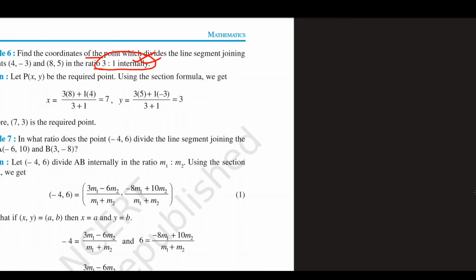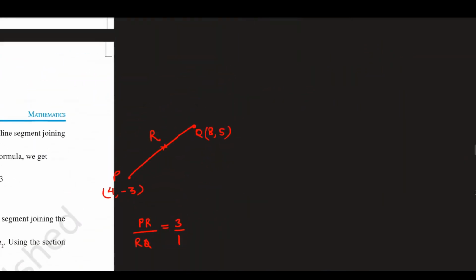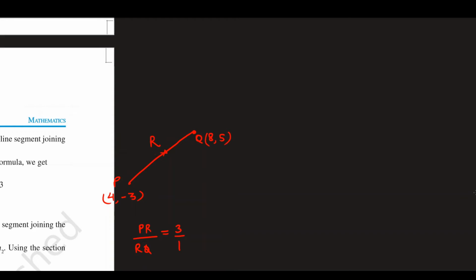If we have this point 4 comma minus 3 and this point 8 comma 5 somewhere here, and we join these two points, suppose these are P and Q, and there is a point R such that PR upon RQ is 3:1. The internal part means PR upon RQ is 3:1.